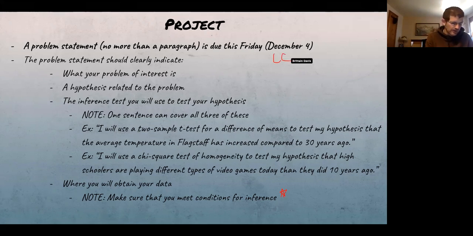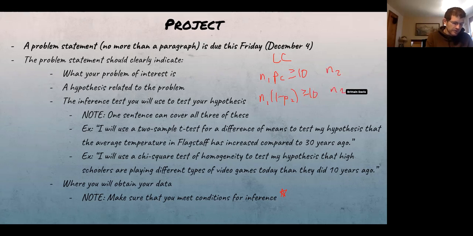I've got n1 times my pooled proportion has to be greater than or equal to 10. I've got n1 times 1 minus my pooled proportion has to be greater than or equal to 10.